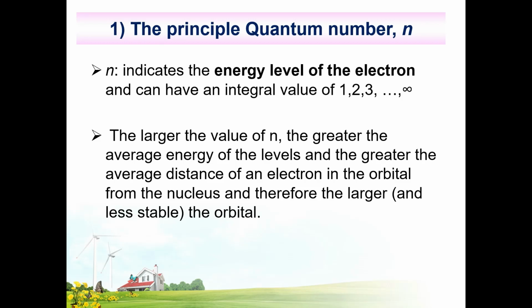n is the energy level of where the electron is. It can have integral values of 1, 2, 3 until infinity. The larger the value of n, the greater the average distance of an electron in the orbital, and the larger the orbital is.